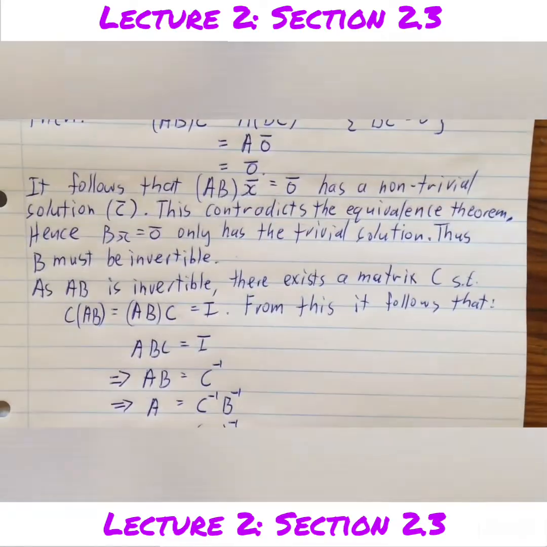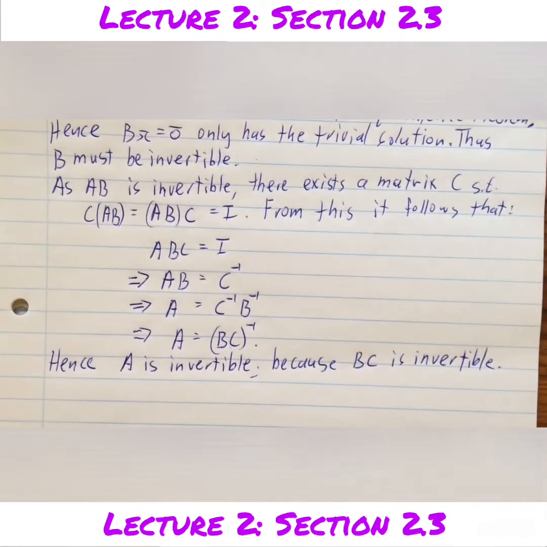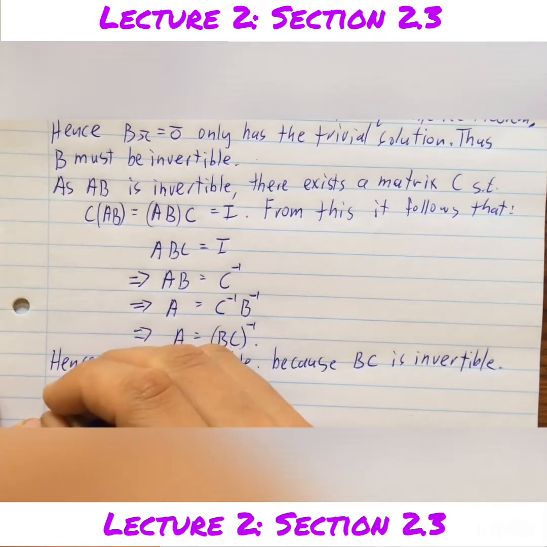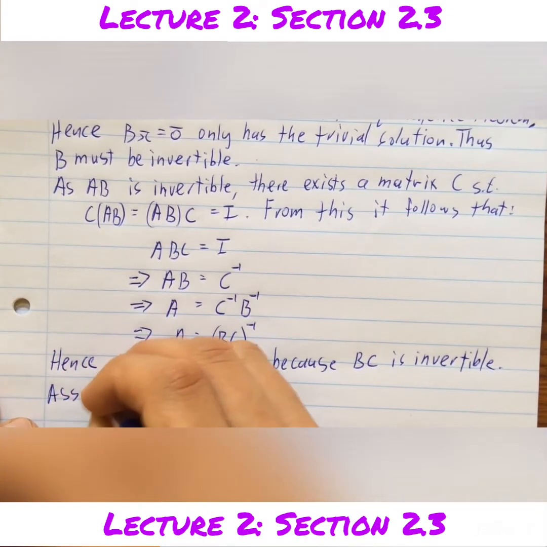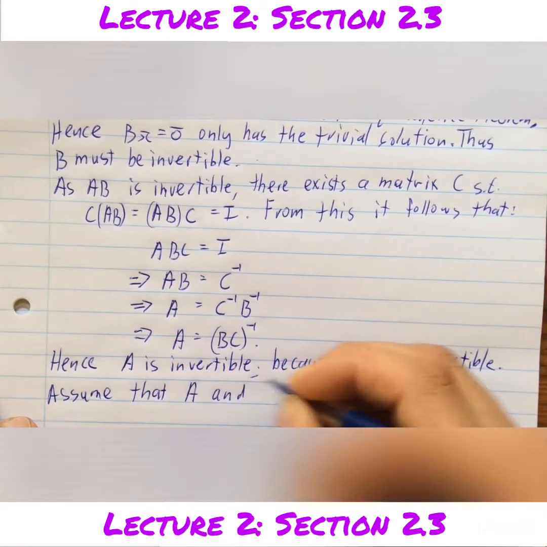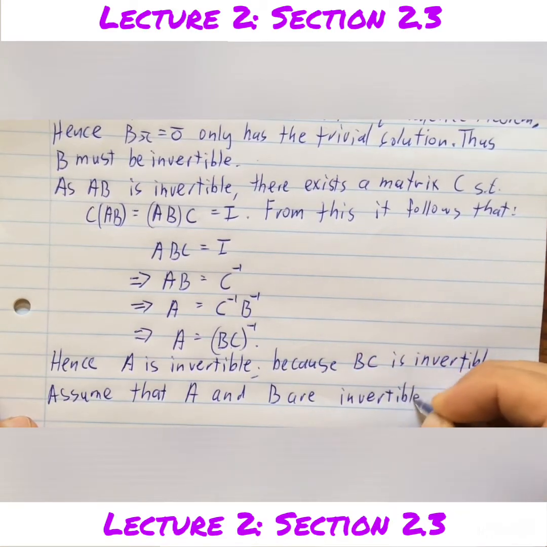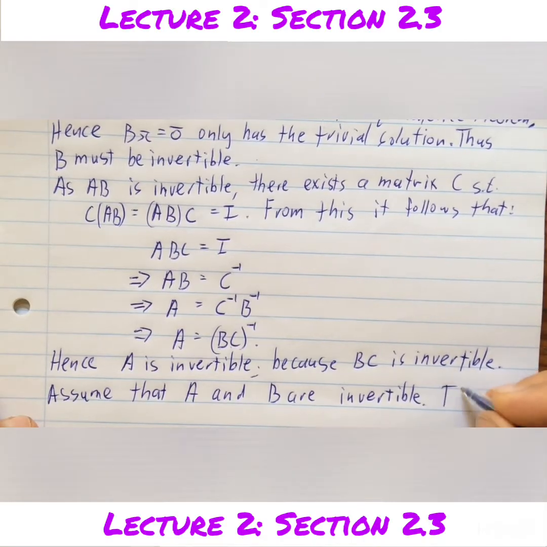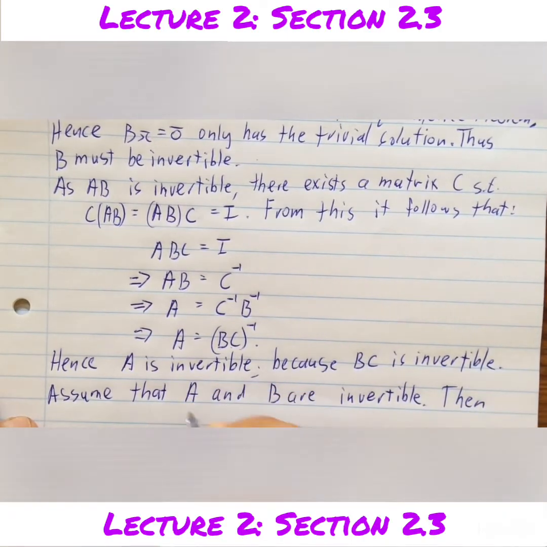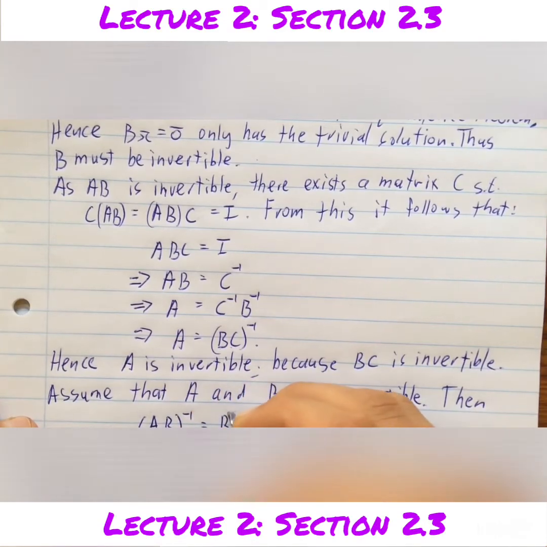So now we just need to show that if A and B are invertible, then A times B is invertible. But this is true because it follows from a theorem in chapter 1. So now what we do is we assume that A and B are invertible. Then, because A and B are invertible, that theorem states that A times B's inverse is going to be B's inverse times A's inverse.